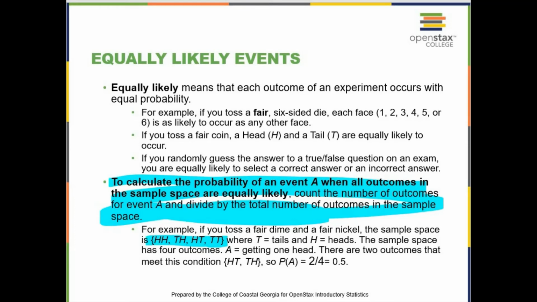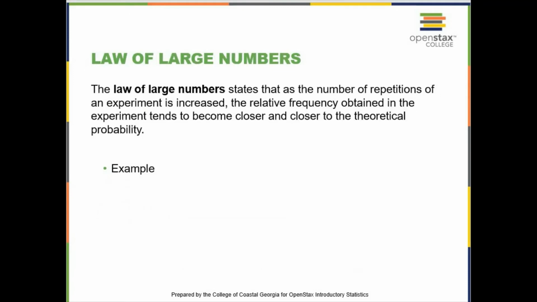Then the probability of getting one head is how many outcomes in the sample space have only one head. We have 2 of them, out of how many possibilities in total? We have 4 possibilities. So the probability of getting 1 head is equal to 2 possibilities out of the 4 possibilities that we have. And this is the traditional, or theoretical, way of finding probabilities.